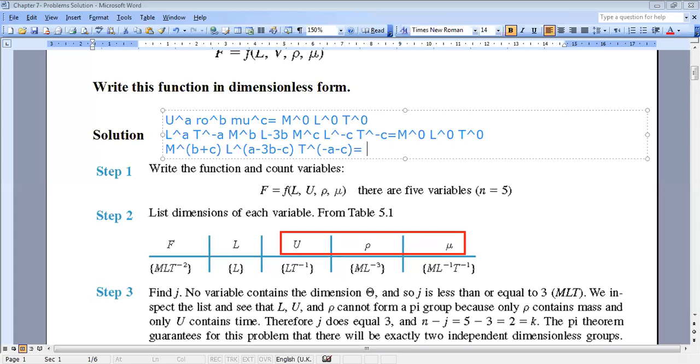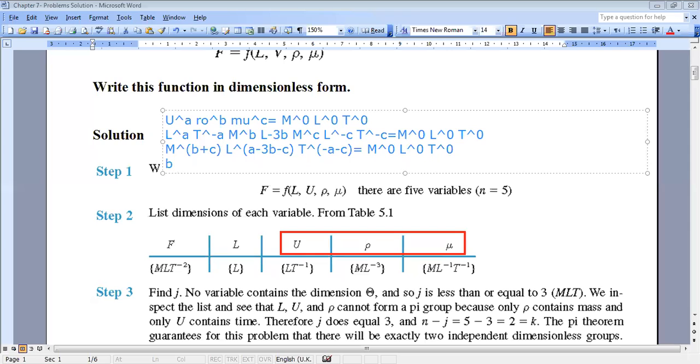This equals, on the other side, to have a dimensionless group, M to the power 0, L to the power 0, and T to the power 0. So next step, I want to try to find A, B, C. This will give me three equations.